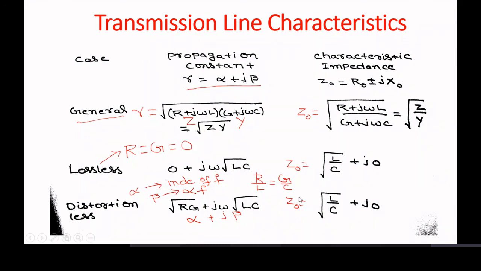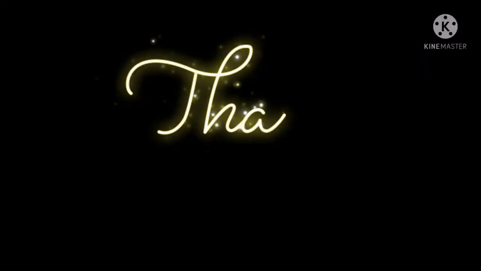So this is what we have seen so far: the propagation constant and the characteristic impedance, their expressions at microwave frequencies, and also what a lossless transmission line and a distortionless line are, with the corresponding propagation constants.